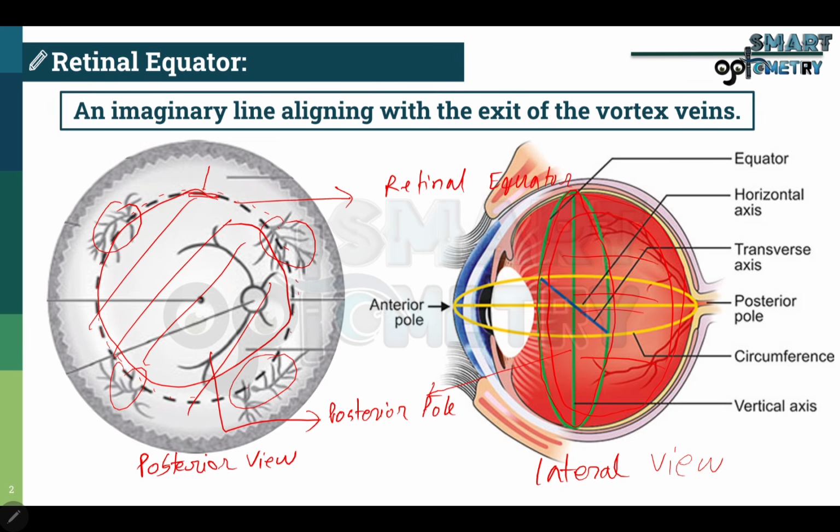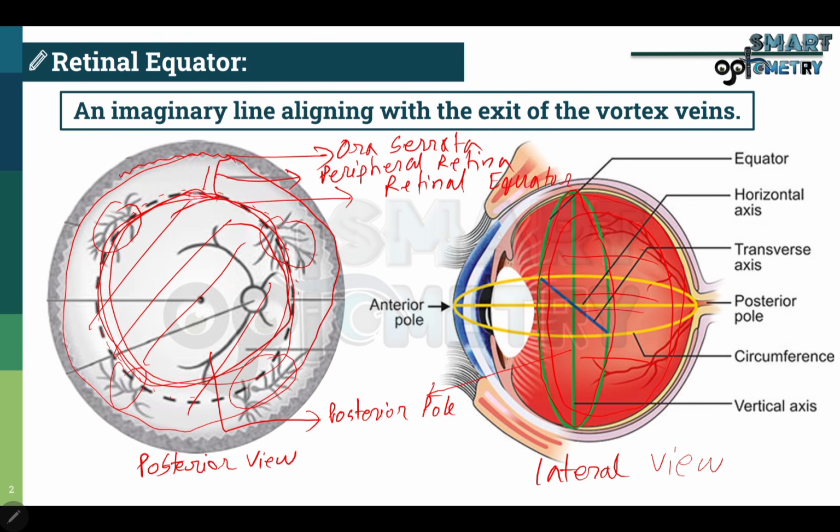From the equator to the Ora Serrata, this is the Ora Serrata. So this is the peripheral retina. Now we will know details about the posterior pole separately and the peripheral retina separately in the coming slides.